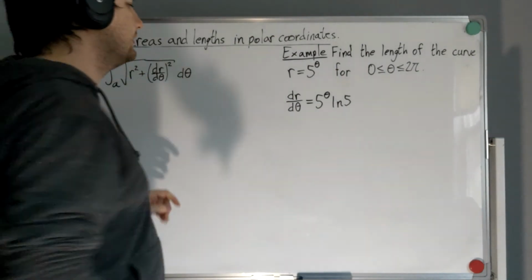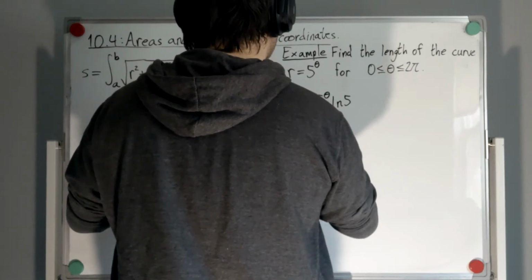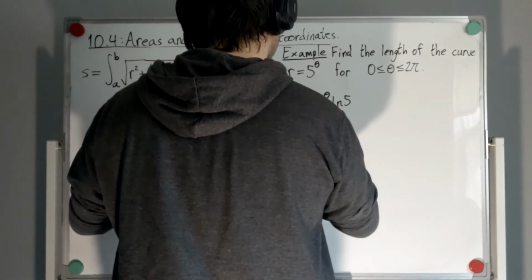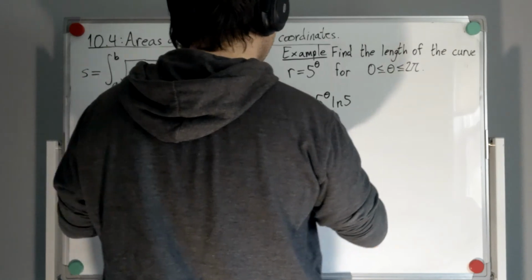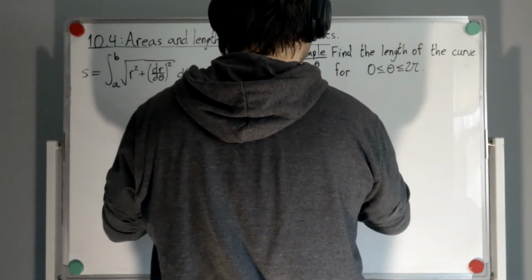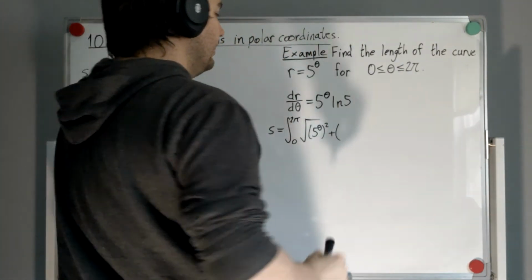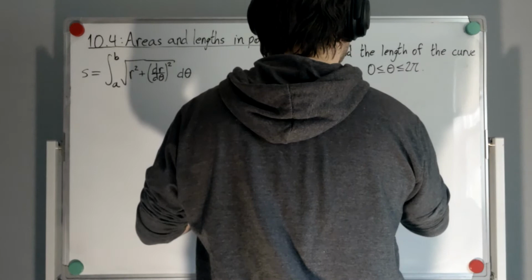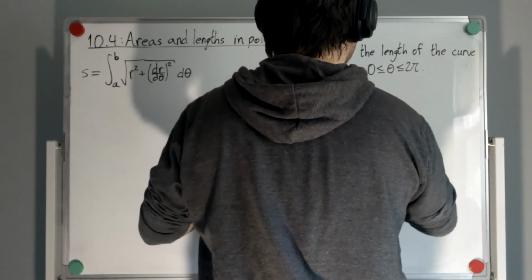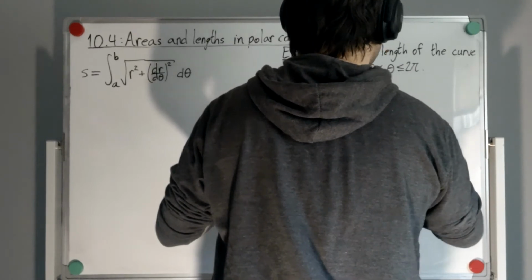So in our case, the arc length is going to be the integral from 0 to 2 pi of the square root of r squared, which in our case is just 5 to the theta squared, plus dr d theta, which is just 5 to the theta ln 5 squared, d theta.